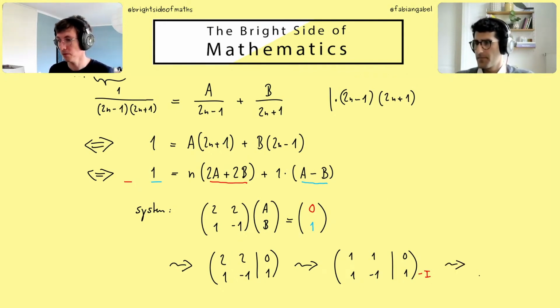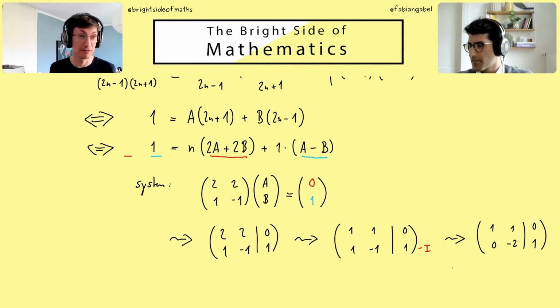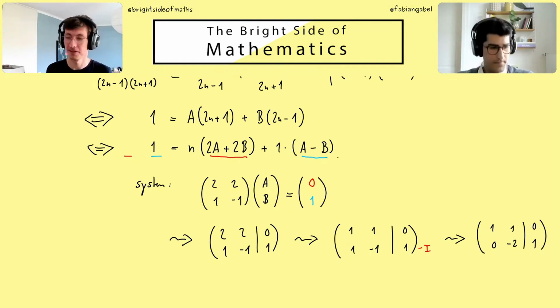Which means now the first row is still the same. Yeah, so no problem there. But the other one now is 0 here. And we subtract it, so I think we have -2 there and still 1 here. So now this is in the triangular form, so the system is solved, essentially. Now it's just backwards substitution for the variables.